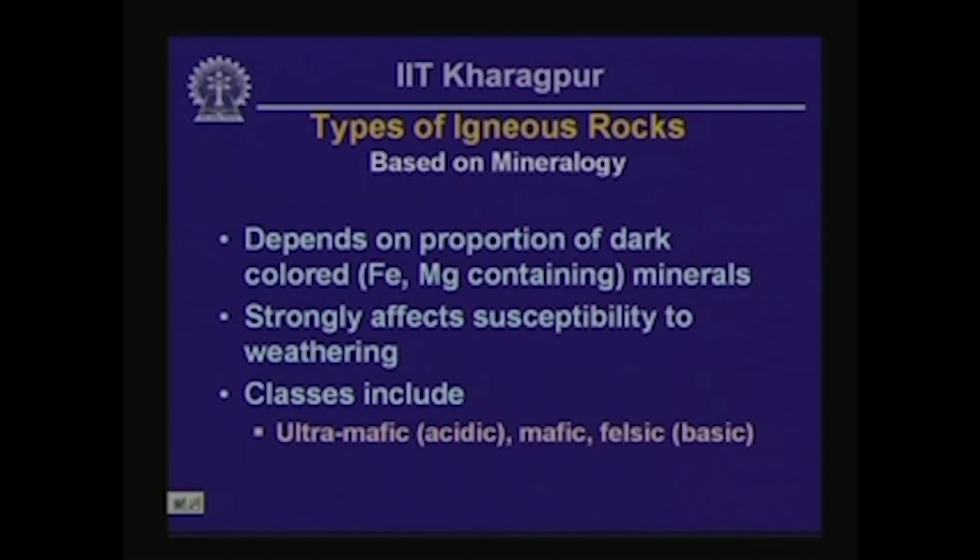Felsic rock are basically of basic chemical composition, whereas ultramafic and mafic rocks are of acidic composition. They are also called acidic rocks.